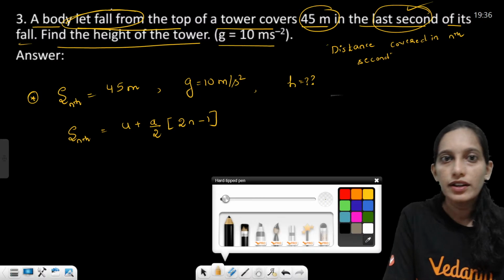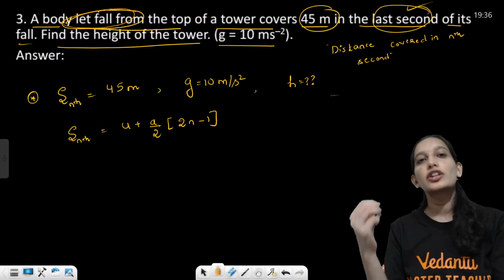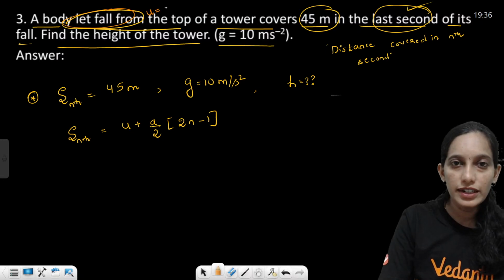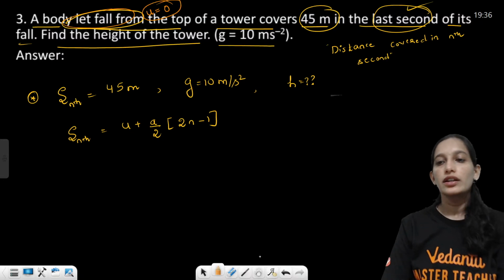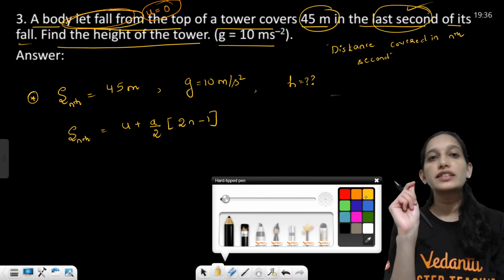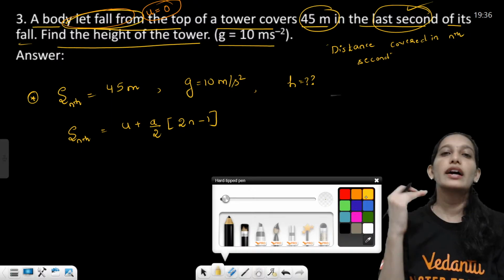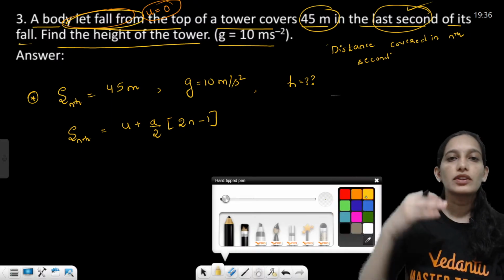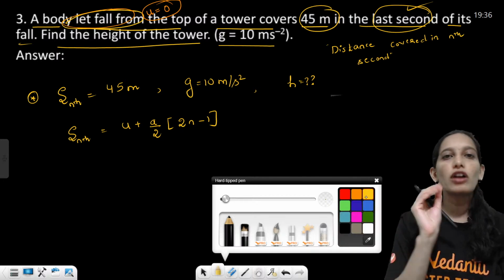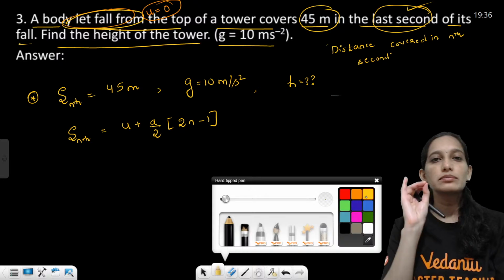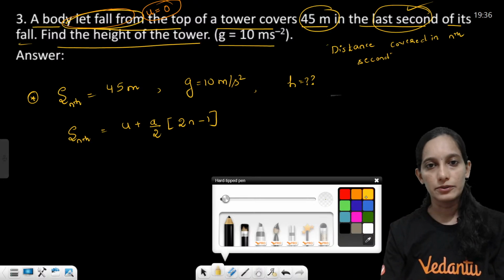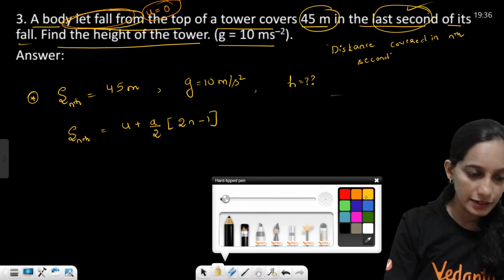If words like let fall, free fall, or dropped are there, you are supposed to take initial speed as 0. So you take initial speed 0 when there is a phrase like let fall from the height, it is just dropped, or fall from the top of the tower. If it is there, you have to take initial speed as 0. Hope that is clear.